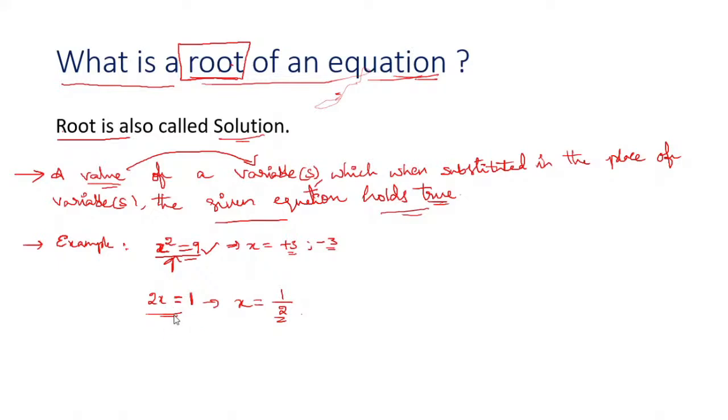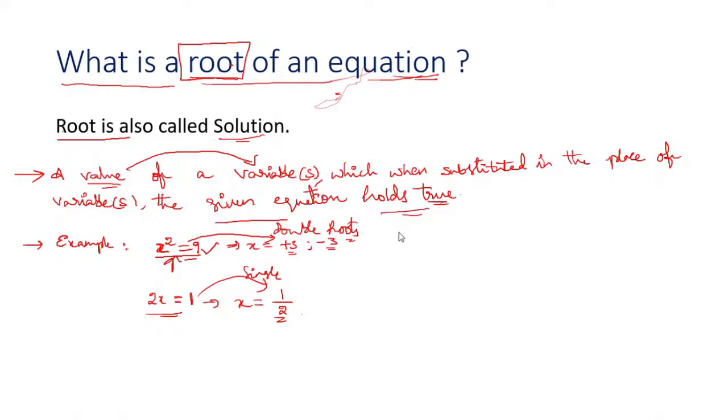So the equation holds true. So we can say that 1 by 2 is the root of this equation. This equation has a single root, whereas the previous equation has double root or two roots.